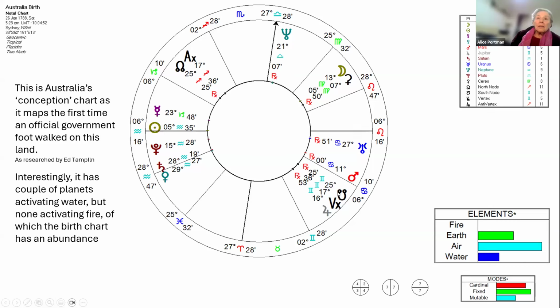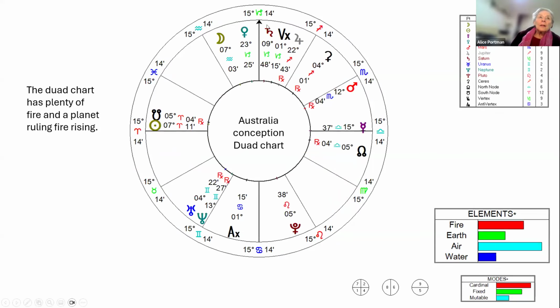However, like nothing activating fire, it's got a sun ruling a fire sign on the ascendant. So that fits that theme. And here is its Dwad chart. It's got plenty of fire and again a planet ruling fire rising.